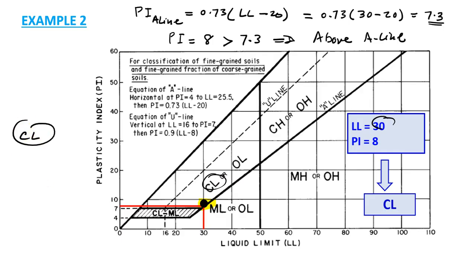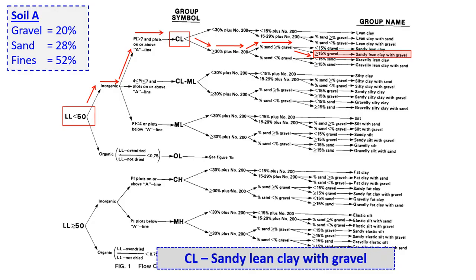Because we are dealing with fine grained soils, we are going to look at this chart of fine grained soil. There are two possibilities: liquid limit less than 50, liquid limit more than 50. We are going to start from here because the liquid limit is 30, which is less than 50.